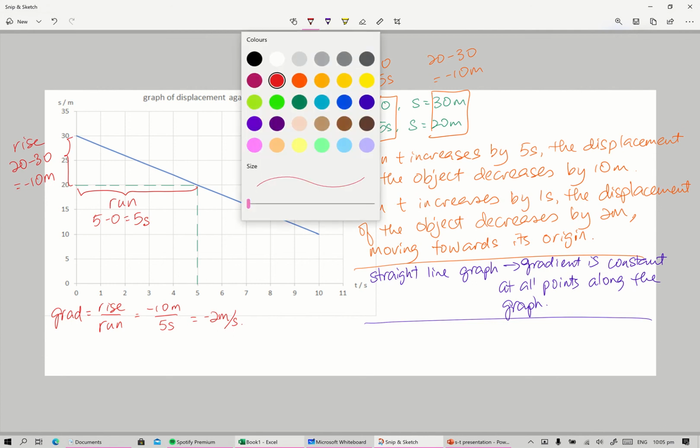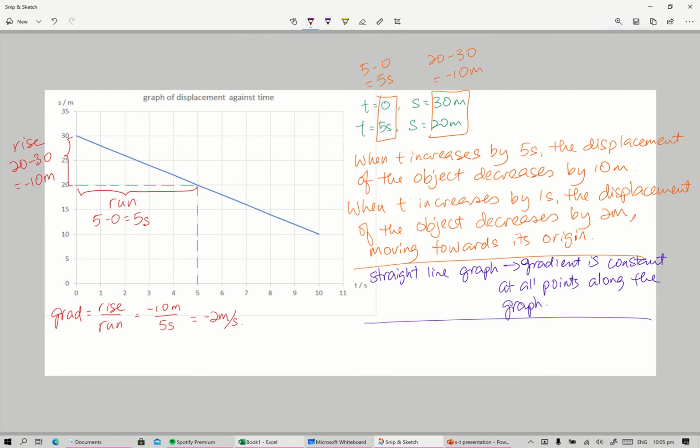How about I choose another set of coordinates? And this time round, we choose a bigger triangle, and that is here. And this is the run, which is 10 minus 0 equals 10 seconds. And this is the rise.